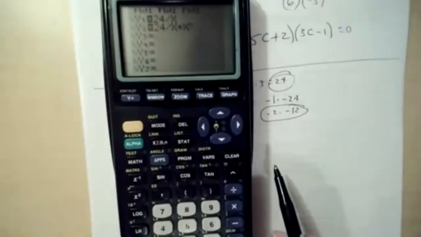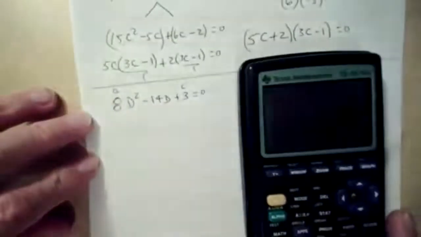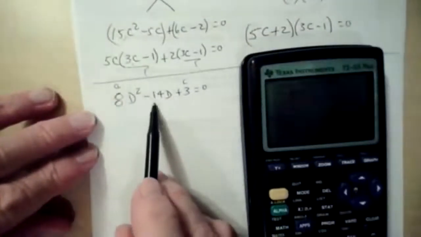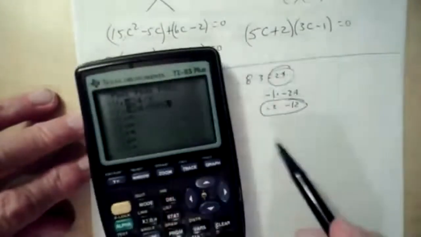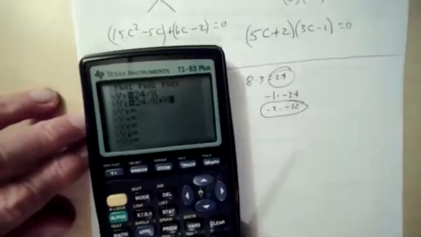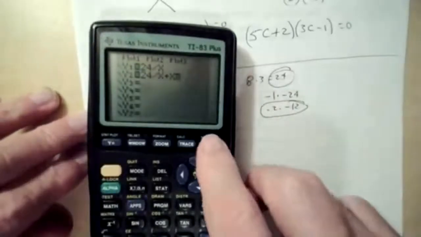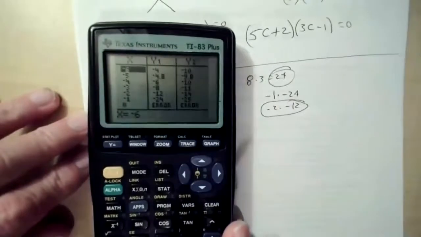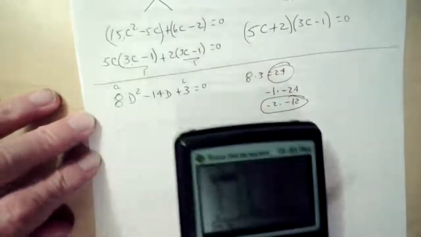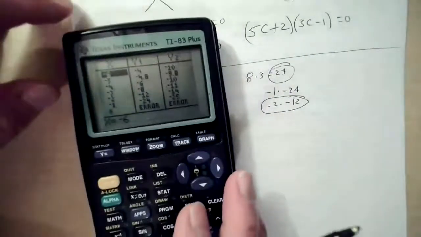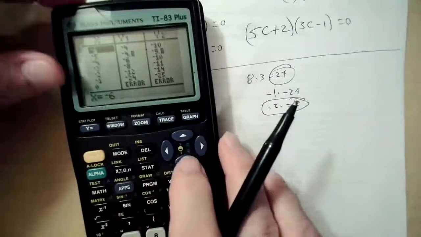Now what that does is it adds the factors together. Now remember, you're going to have to think a little bit here. The middle term is negative, so both of these terms have to be negative. Now we go to the table, and you look under y sub 2, and what we want is negative 14.